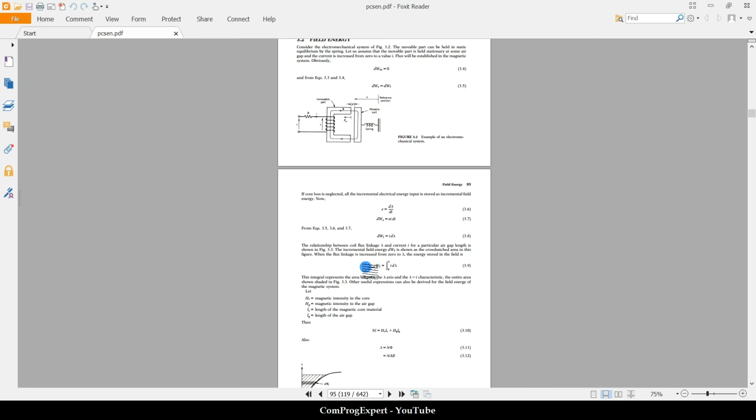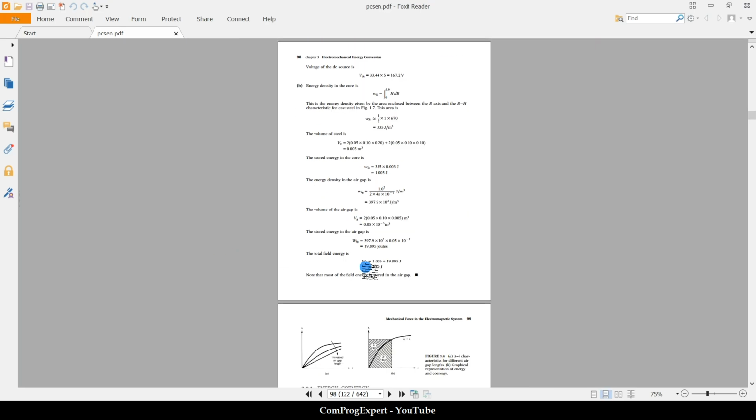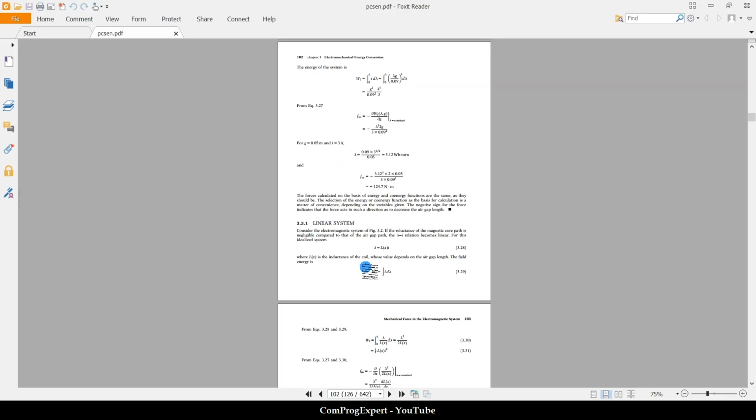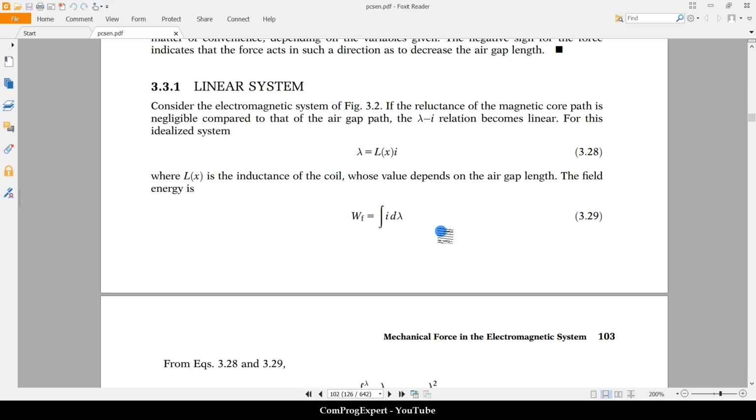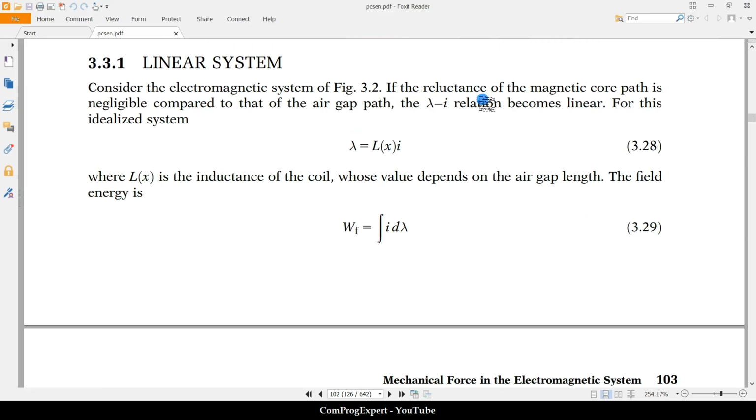If the reluctance of the magnetic core is negligible compared to that of the air gap, the flux linkage versus current relation becomes linear. For this idealized system, we can write this equation.